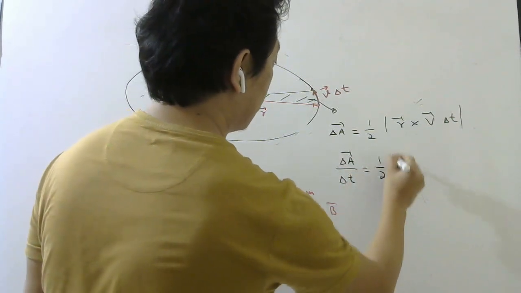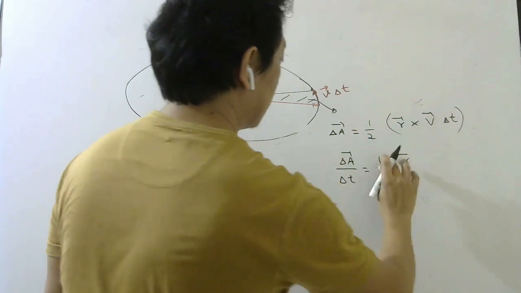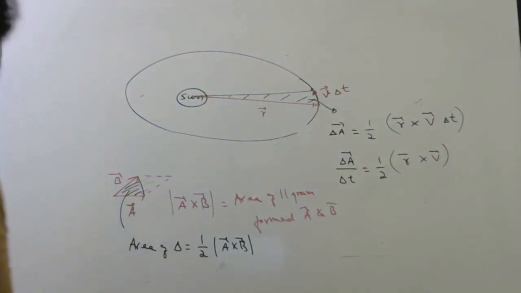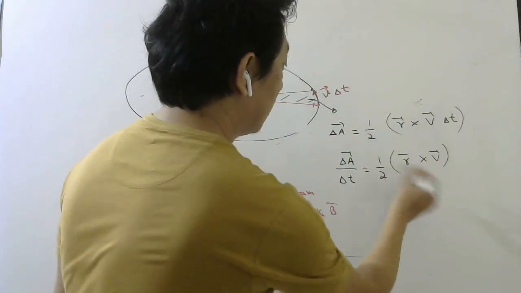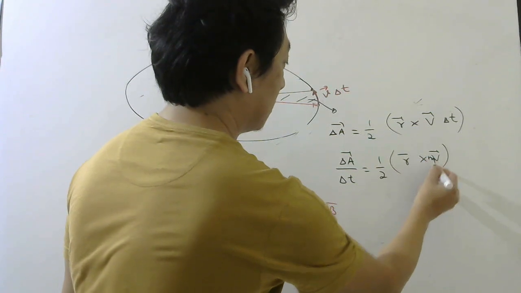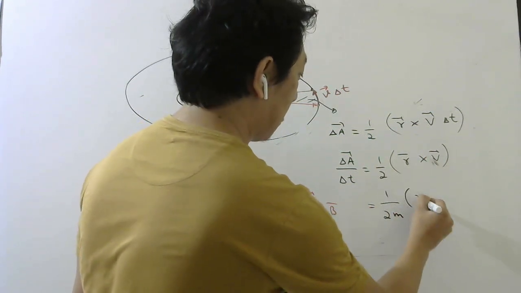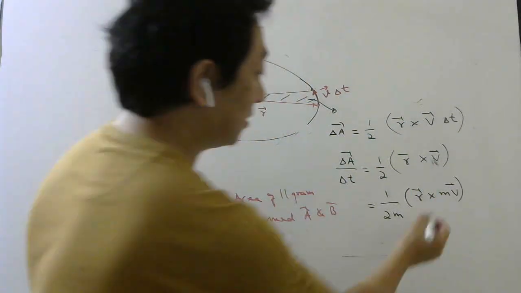You get half of r bar cross v bar. No need to put magnitude because I wrote the vector symbol here, right? Now, if I multiply by mass, next step, let me divide by mass and multiply by mass. Then this is your momentum.